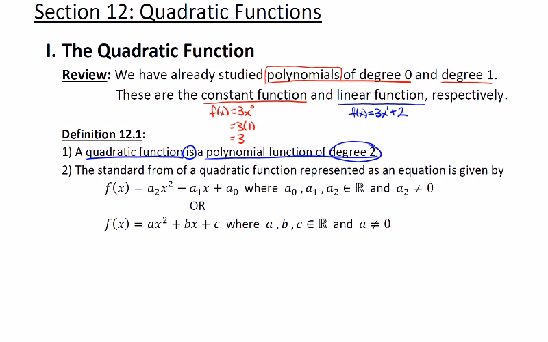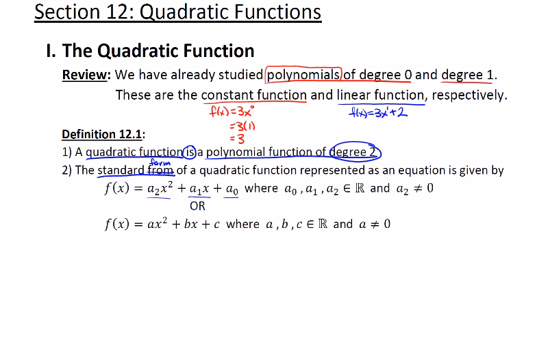Just like with the linear function, there is a way to recognize a quadratic function by simply looking at its equation. This definition is going to give us the standard form of a quadratic function represented as an equation, and it's given by the following format. f of x equals a2 x squared plus a1 x plus a0.